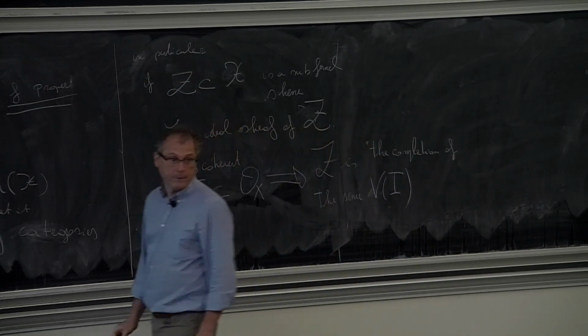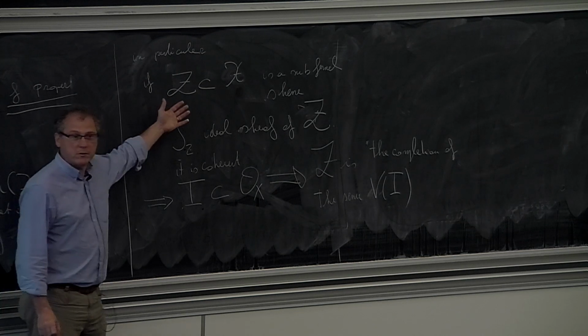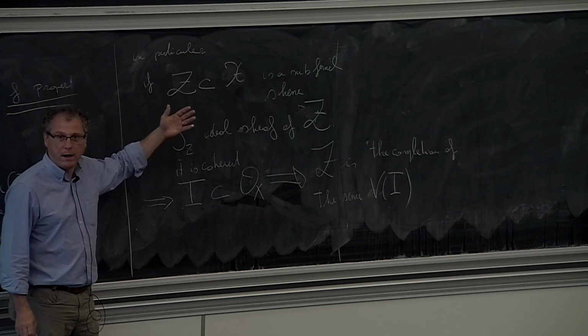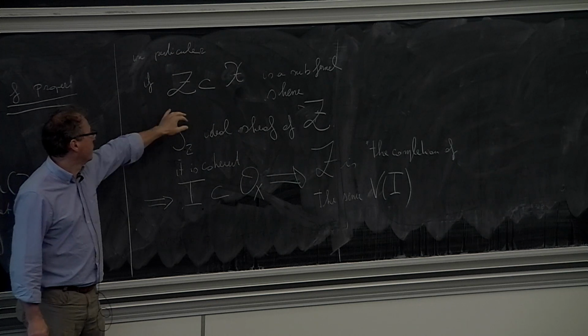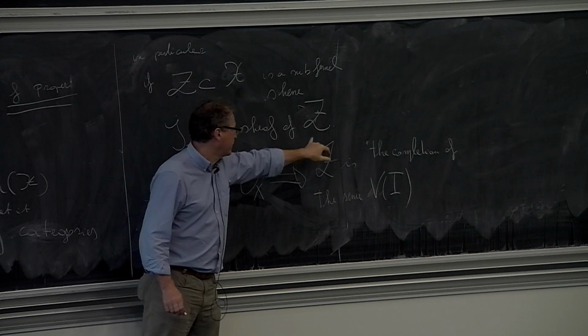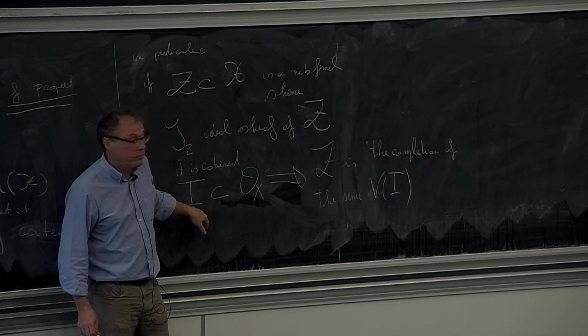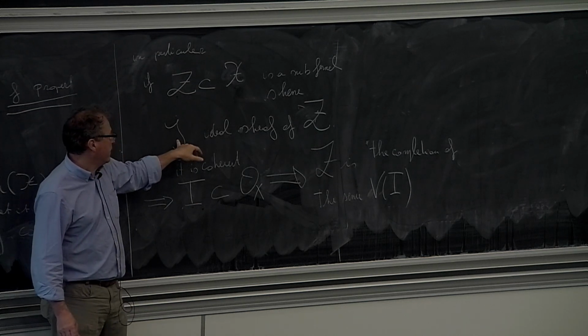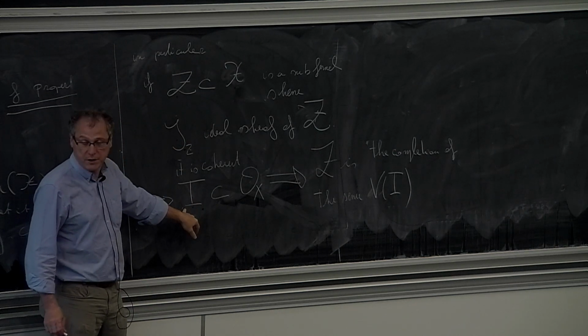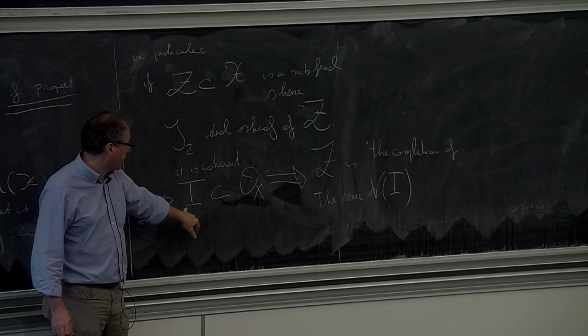Essentially, this equivalence of categories tells you that there is also an equivalence between subformal schemes of it and subschemes of X, because you just take the ideal. This ideal sheaf corresponds to an ideal sheaf inside OX. So there is a closed subscheme of X associated to this.